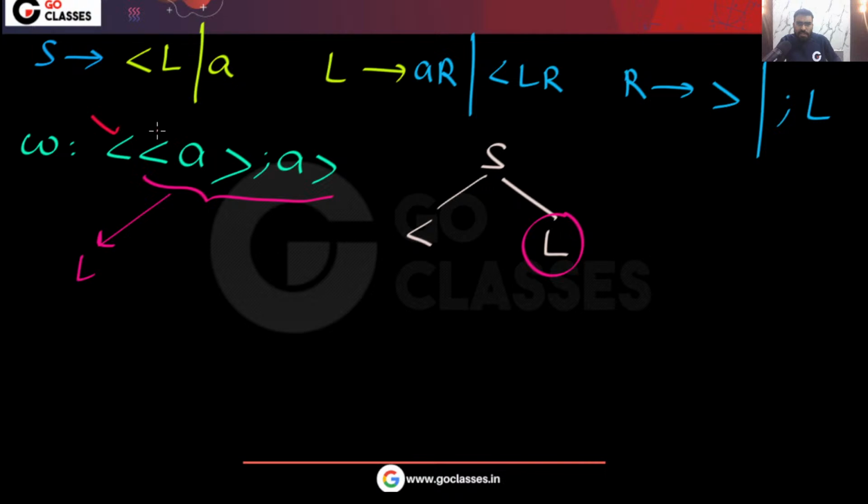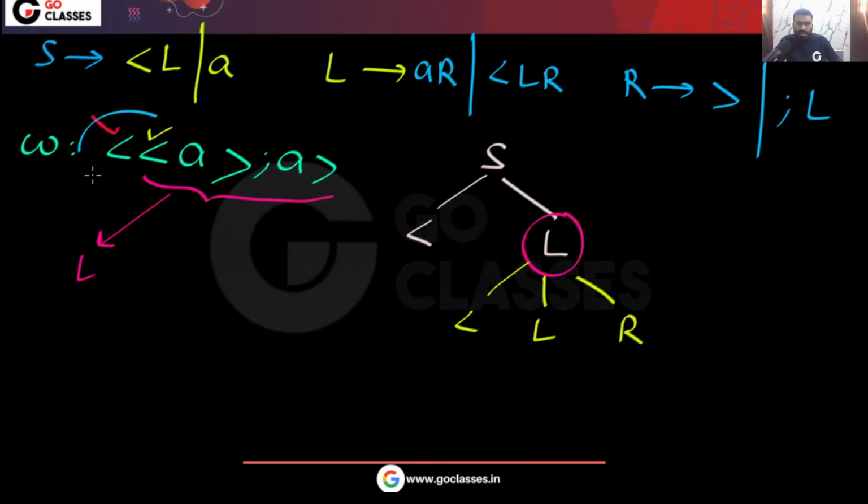But the next symbol I want is less than, yes or no? So I will replace this L with less than LR. There is no other choice. Now we got this symbol also. So now what we need to do? With the help of this LR, we need to create this string.